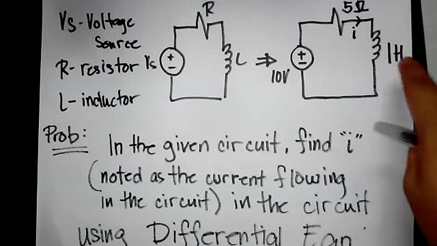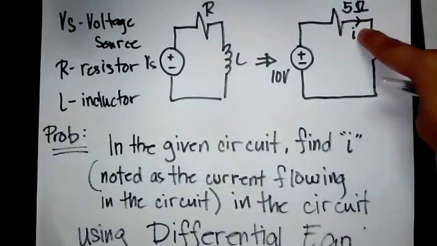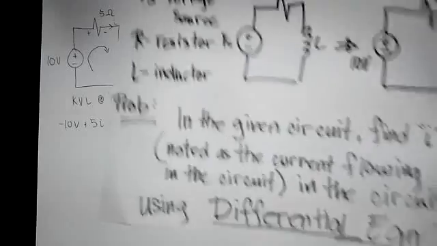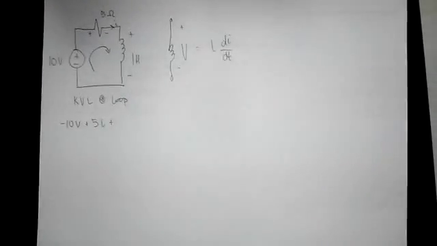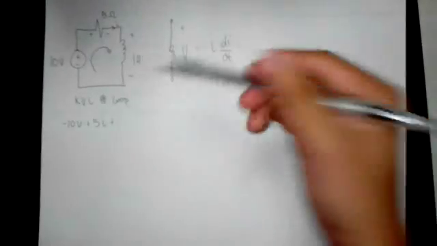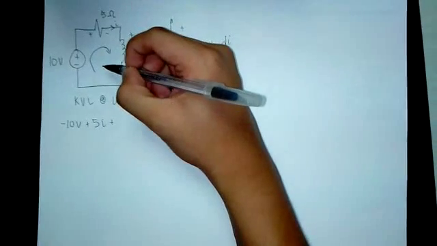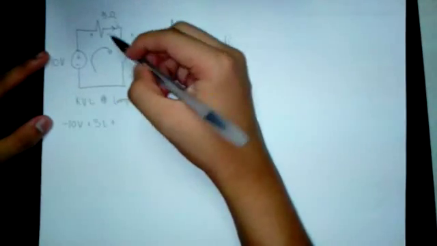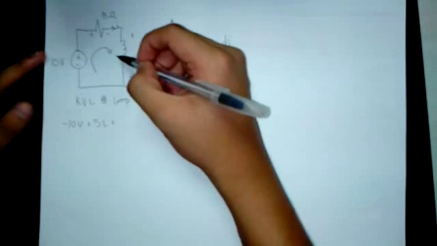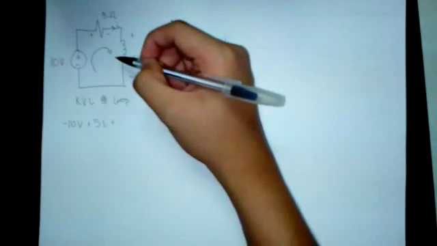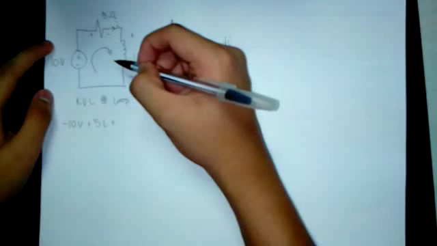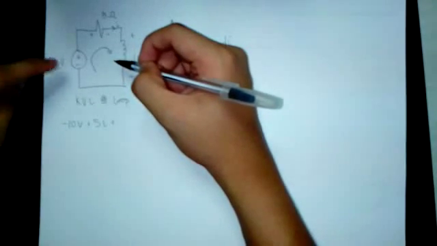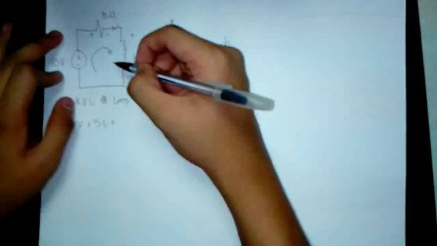We can look for I by solving it using KVL. Now, we apply a clockwise rotation inside the circuit. The voltage source has positive and negative polarity.